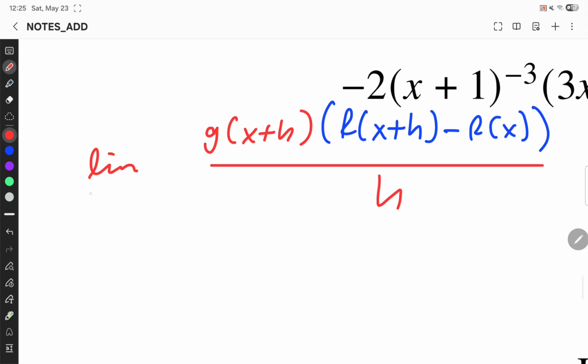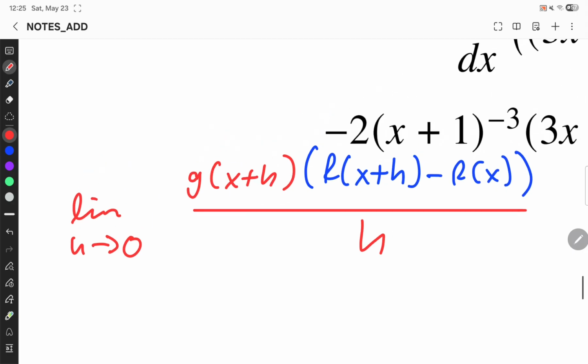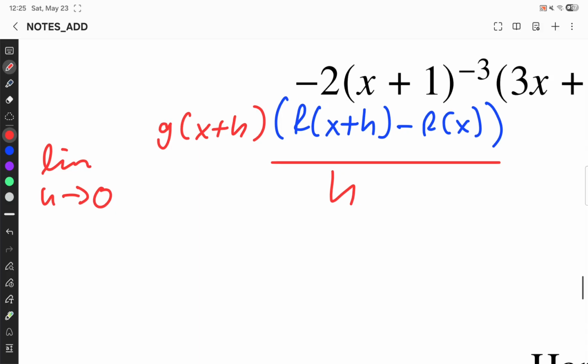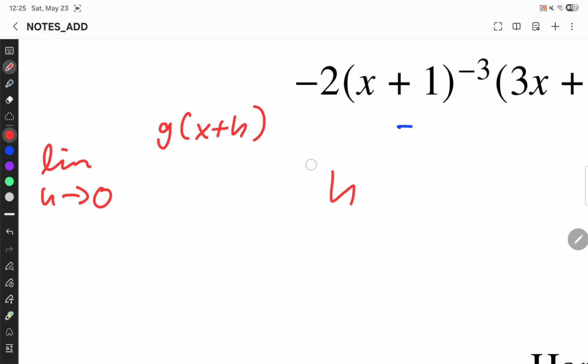Now let's do our limit as h approaches 0. If we plug in 0 here, this will become g of x. Nice and good. What about this multiplication term? Do you recognize something? This is the function f prime, the derivative of f. So given the definition of the derivative, we can show that this is indeed f prime.